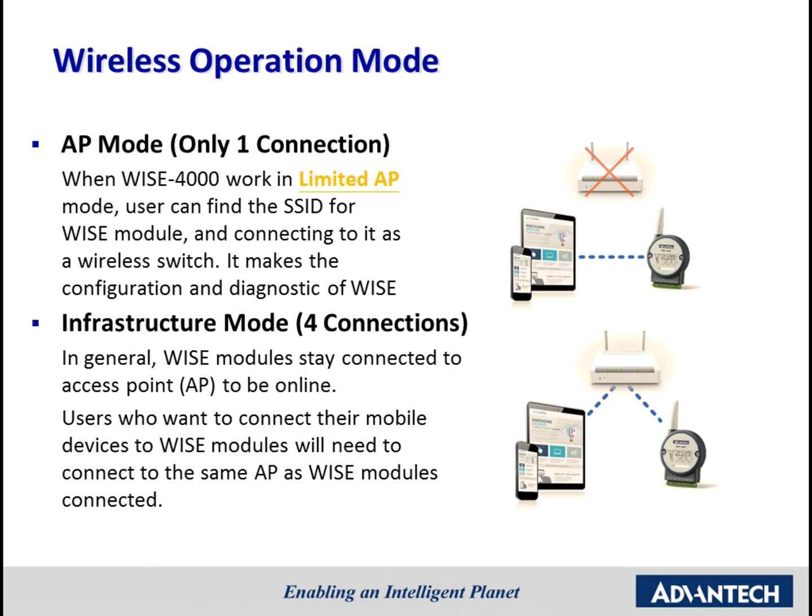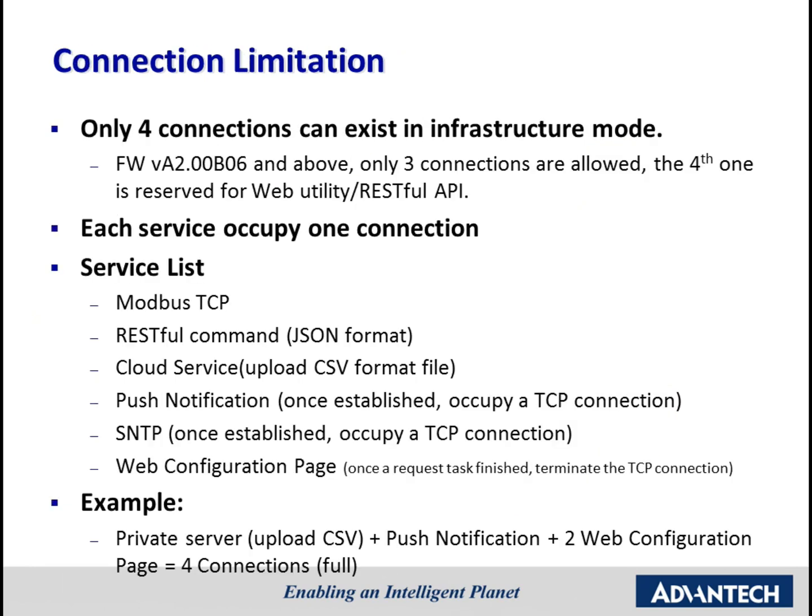Therefore, we usually suggest the customer use WISE in infrastructure mode. In infrastructure mode, WISE can accept up to 4 connections. If there are already 4 connections, the service will not let you add a new one until WISE releases one of the existing connections.